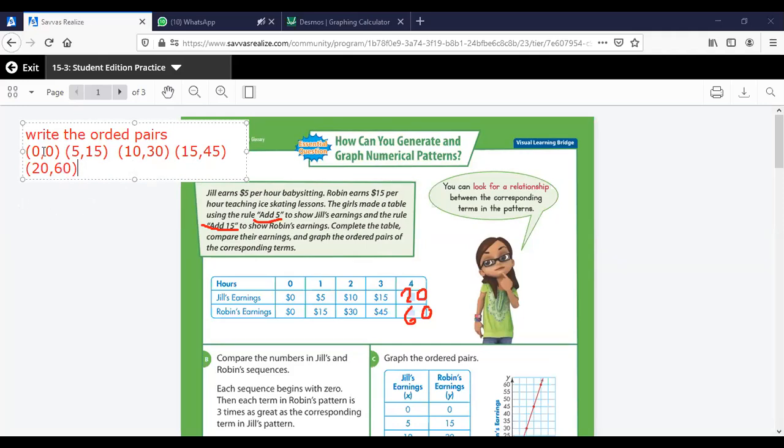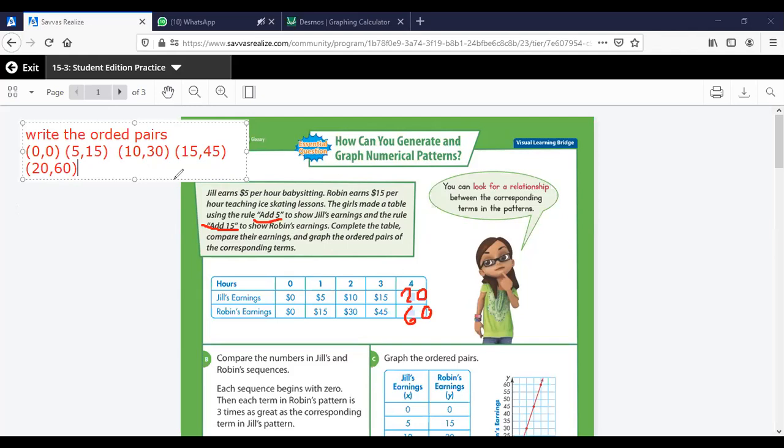Now, after we wrote the ordered pairs, all I need to do is to plot these ordered pairs on the XY coordinates. Let's see that. I've prepared for you the XY plane.